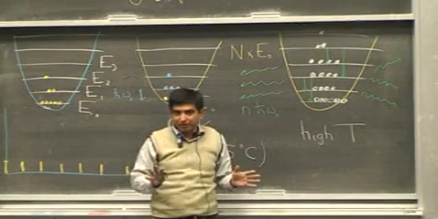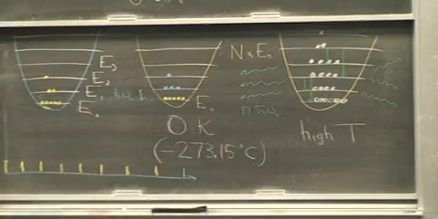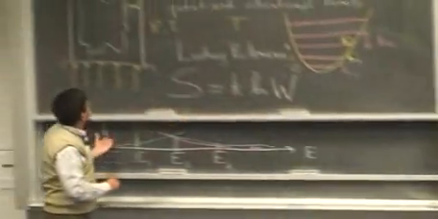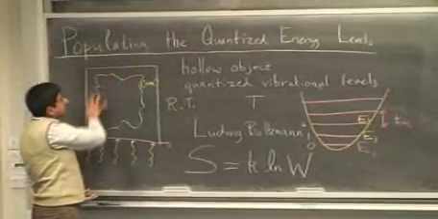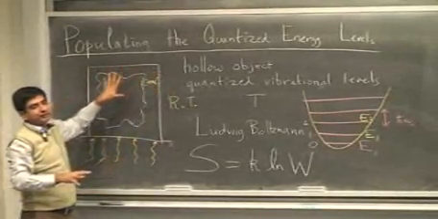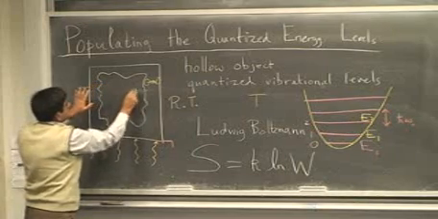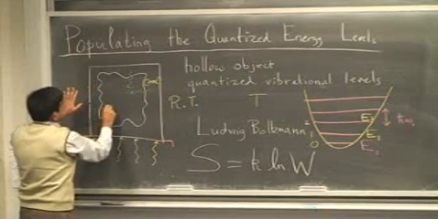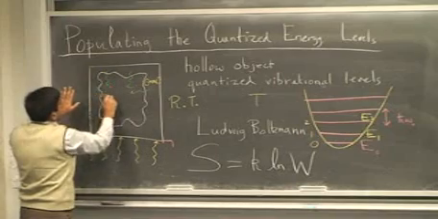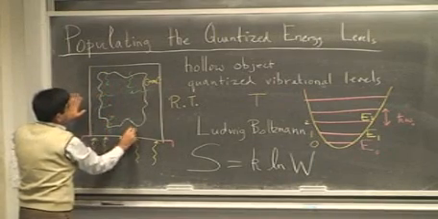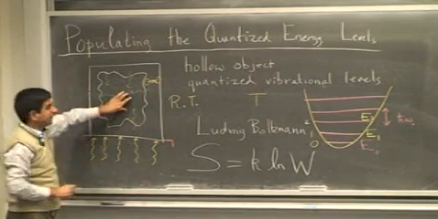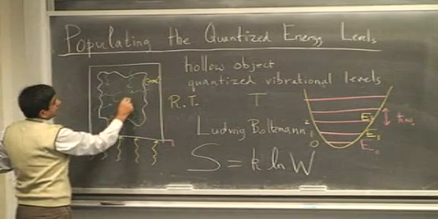Alright, do you understand this point? So if we look at this solid, the atoms of the solid are emitting photons, and those photons are going into the cavity. So there are photons inside the cavity. There is radiation inside the cavity. This is called cavity radiation.